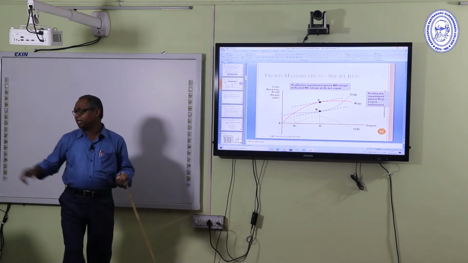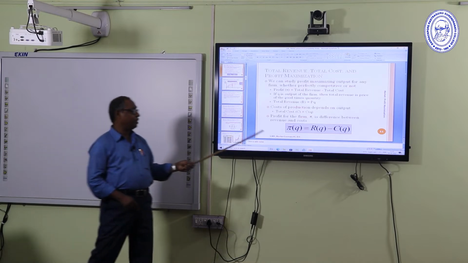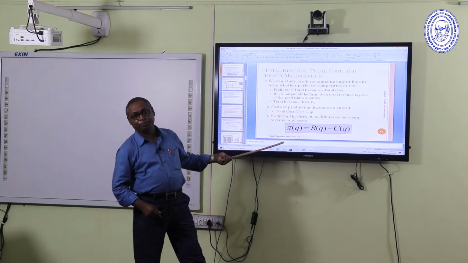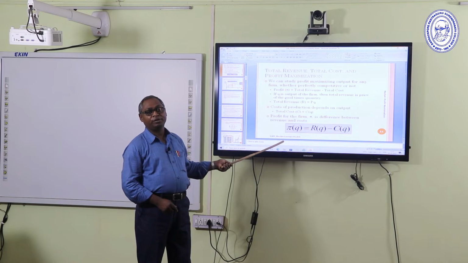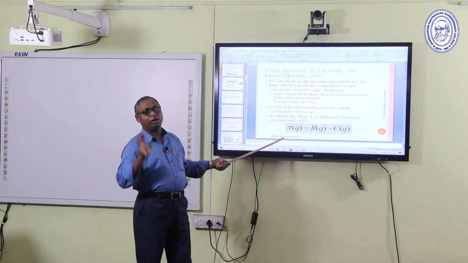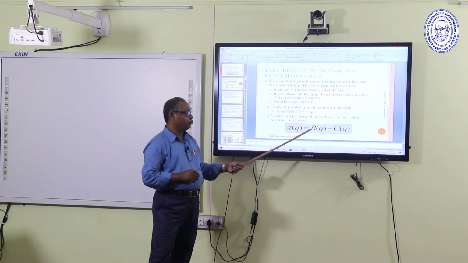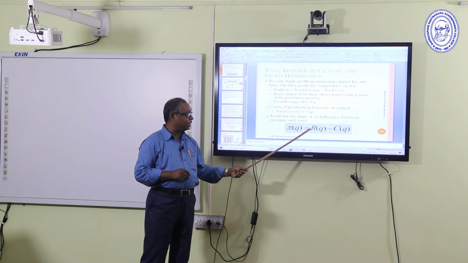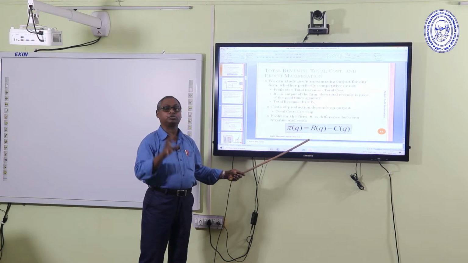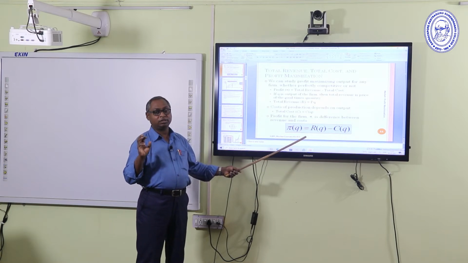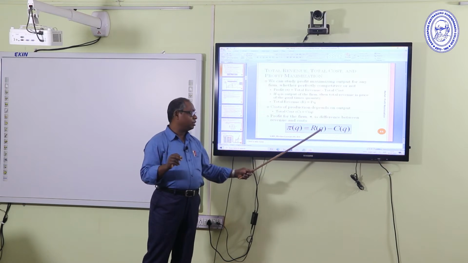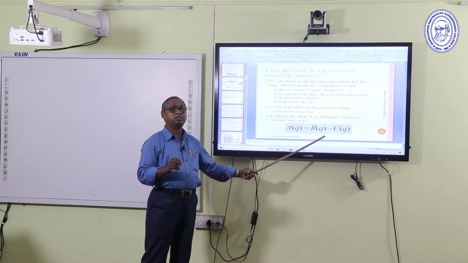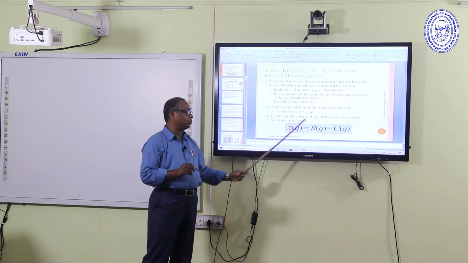As I said in the last equation, if we take the first partial derivative for getting the maximized profit, that is the stationary point for the profit function, we have del R by del Q, which is the slope of the total revenue function, minus the slope of the total cost function, equal to 0.